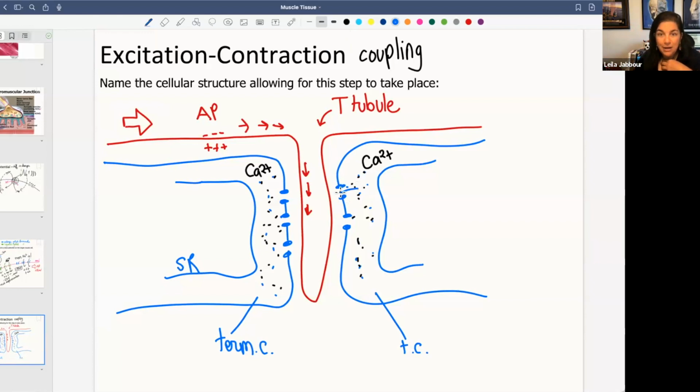So calcium ions, because they're very concentrated inside the SR, are going to have the natural tendency to escape. They're going to go from a compartment of high concentration to a compartment of lower concentration.